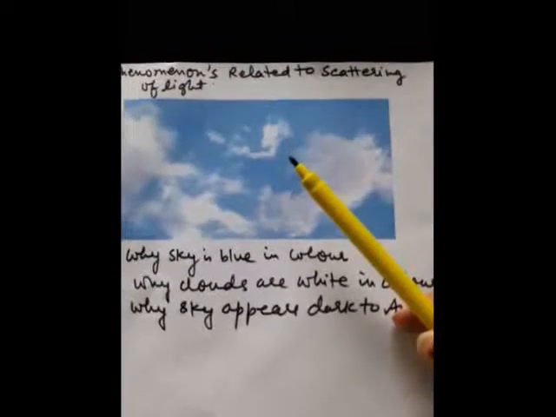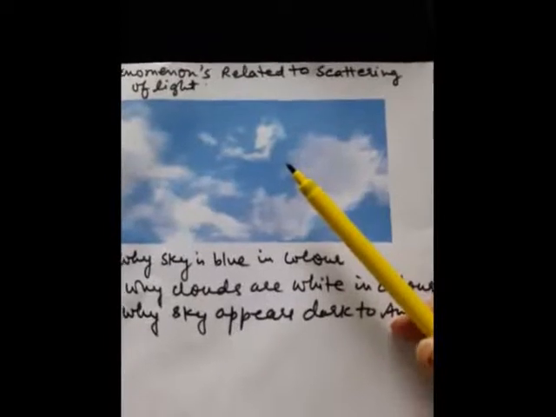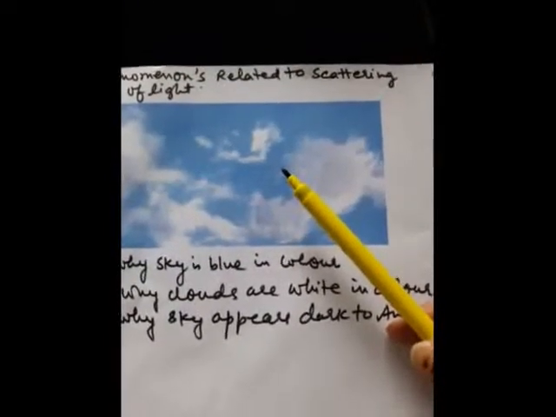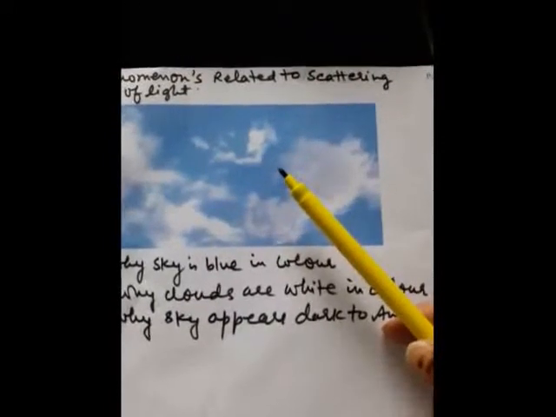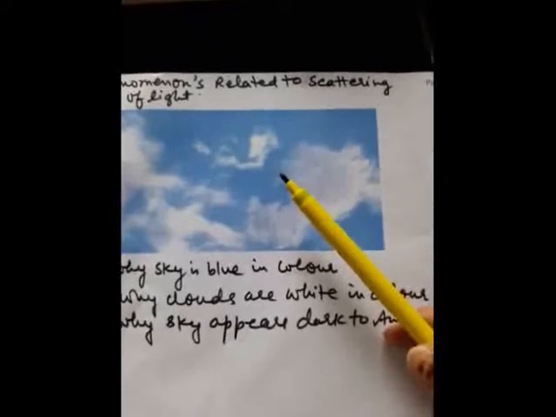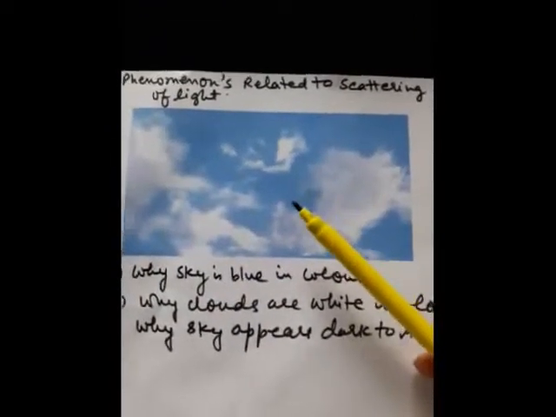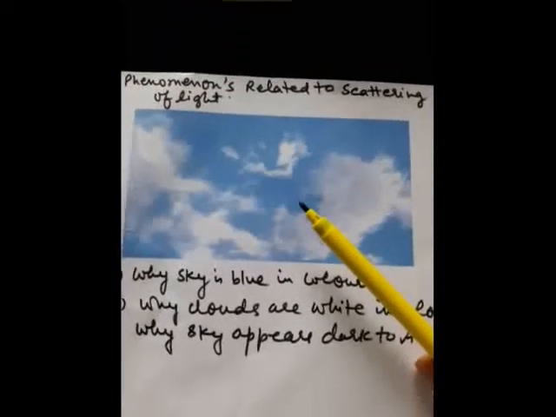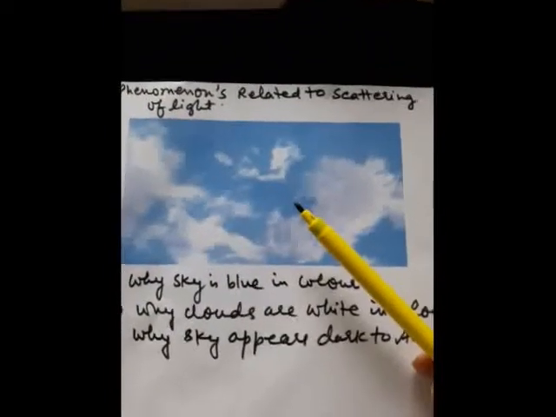Now the question arises, violet and indigo colors have much shorter wavelengths, but why does the sky not appear violet or indigo to us? The answer is the spectrum of light emission from the sun is not constant at all wavelengths and is absorbed by the high atmosphere.